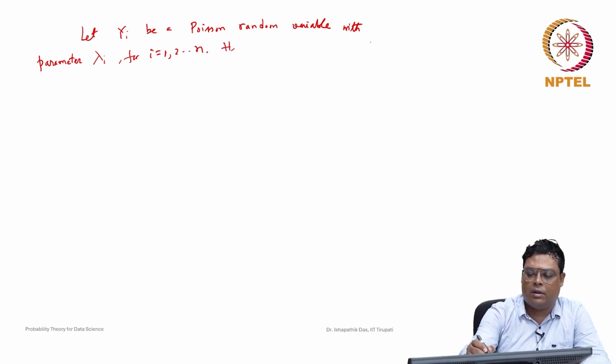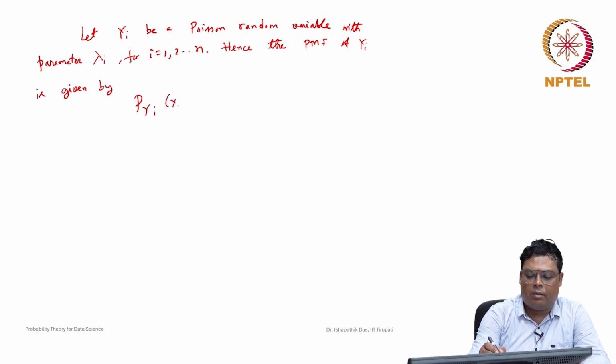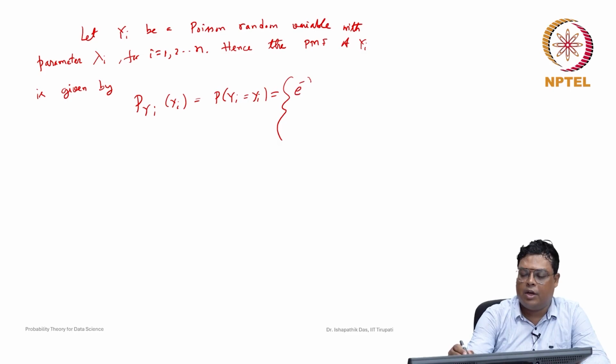Because it is a Poisson random variate, the probability mass function of yi is given by P of Y equal to yi, which is e to the power of minus lambda i, lambda i to the power of yi, by yi factorial, where yi can take 0, 1, 2, and this is 0 otherwise.